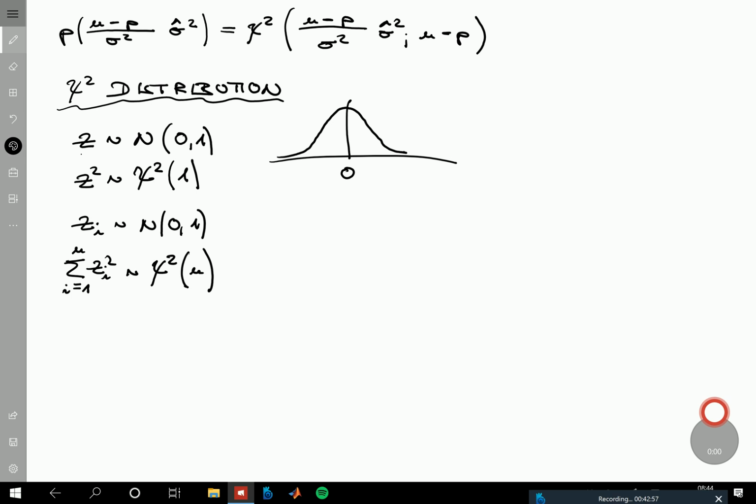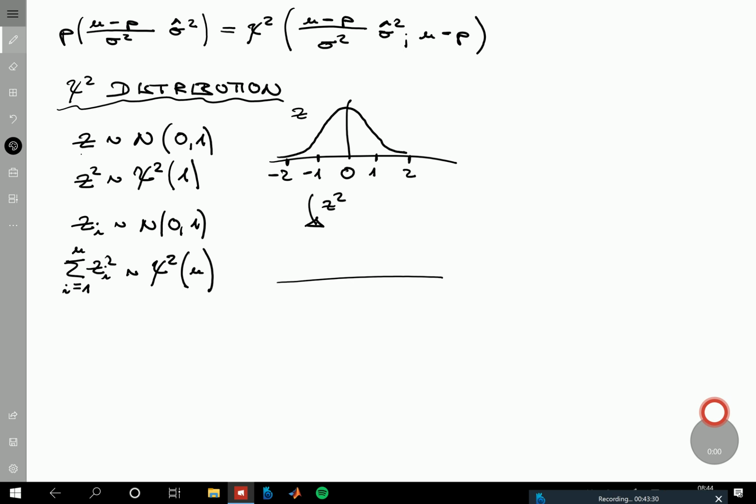So what you should intuitively have in mind here is, if you have a z that is distributed according to a standard normal distribution, then of course z can take on positive and negative values. But if you now square z, everything that you have in terms of negative values also becomes positive.